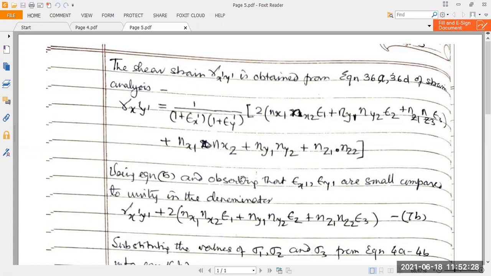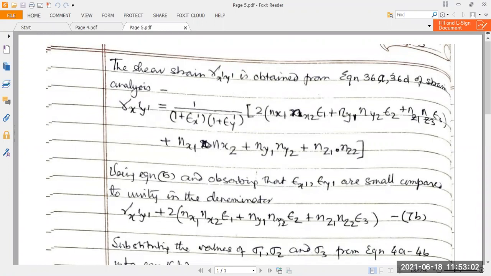Now we know epsilon x dash and epsilon y dash in comparison to 1 are extremely small. So if we set this portion equal to 1 and separately this portion equal to 1, this will become only 1. And for the second term, nx1 nx2 plus ny1 ny2 plus nz1 nz2, we have derived that this is equal to 0. This is the multiplication of direction cosines of two sides which are at a 90-degree angle with each other.